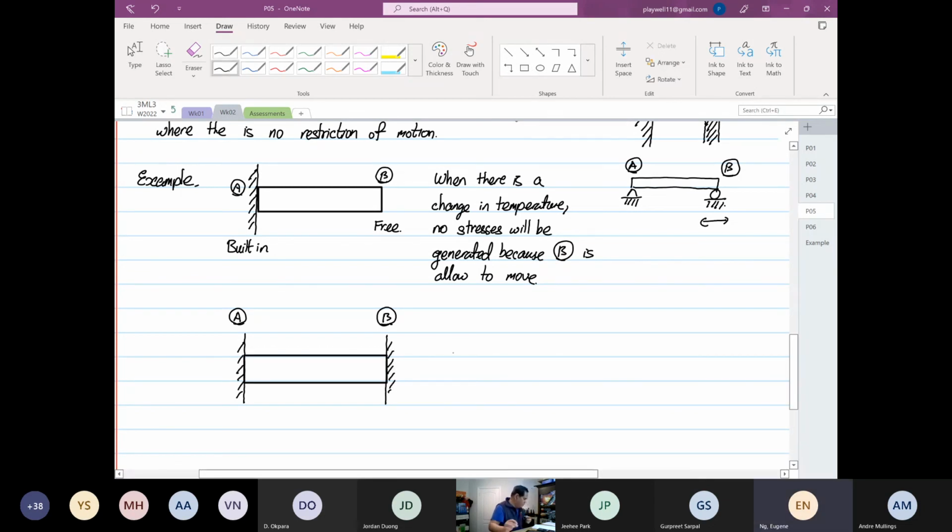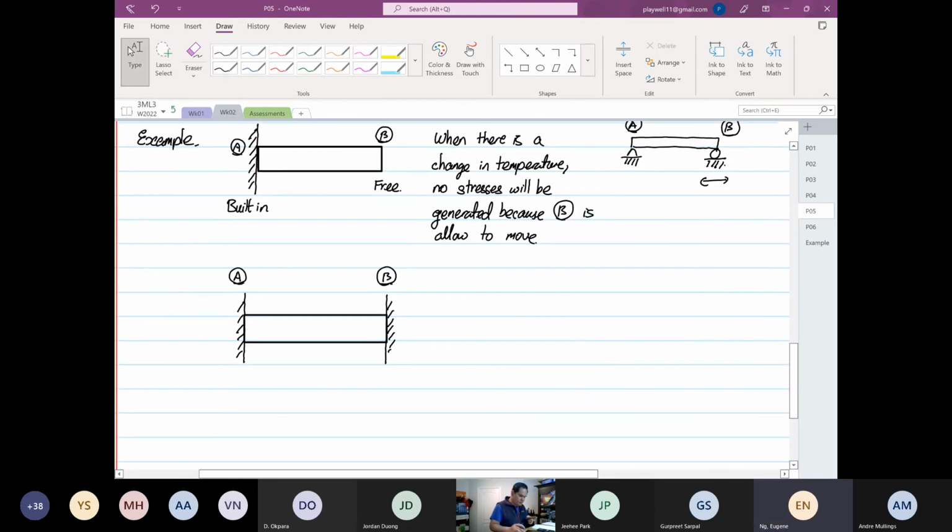Now we restrict motion. So when we restrict motion, that's where we have an issue. So we talk about temperature change now.